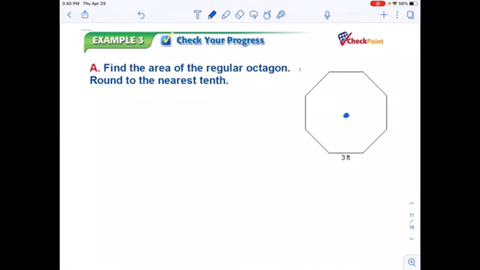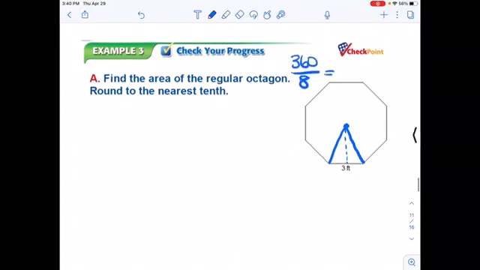So you're given the center point. I'm going to go ahead and draw in a triangle and then also split that in half, my central angle, I should say. That way I can visualize what's going on. So it's an octagon. I'm going to take 360 divided by 8.